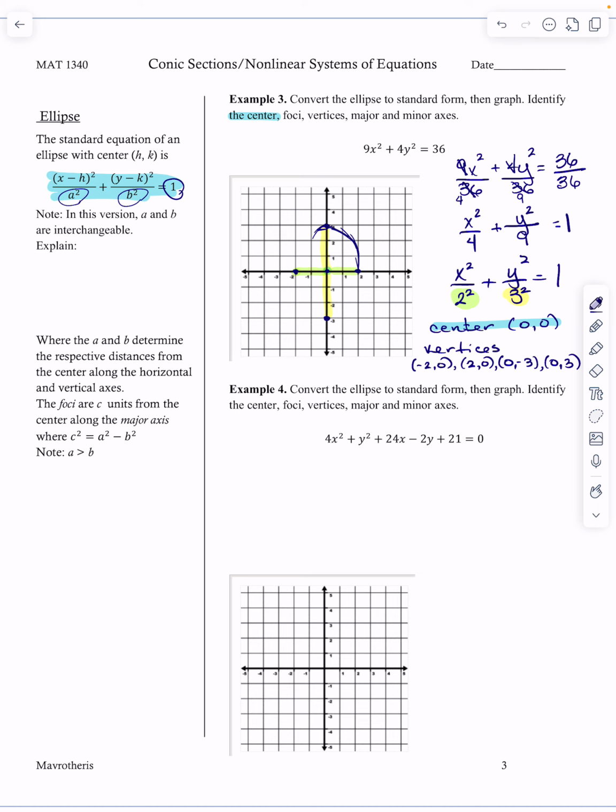We're not going to repeat this circle. An oval.